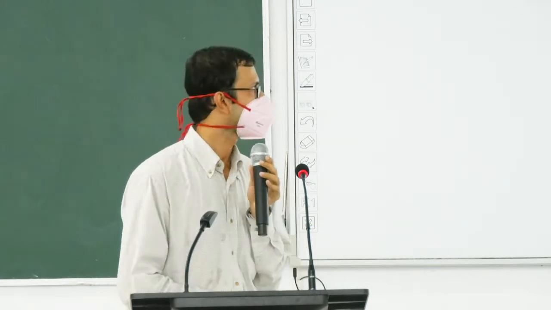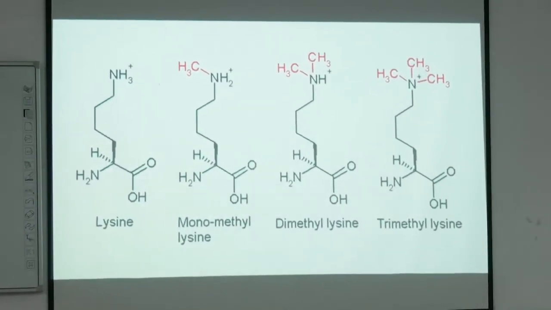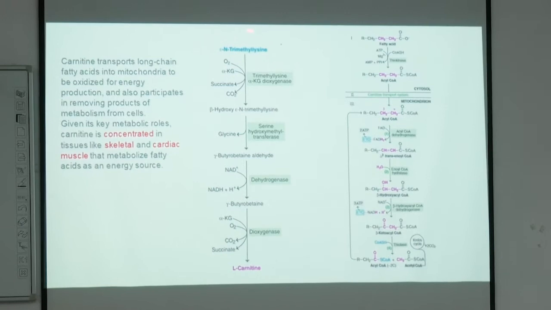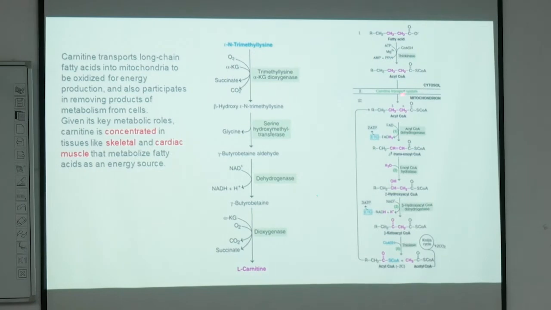So this is lysine, and most important is trimethyl lysine. From trimethyl lysine, we are producing carnitine. And this carnitine is present for the transport of fatty acids from the cytosol into the mitochondria.